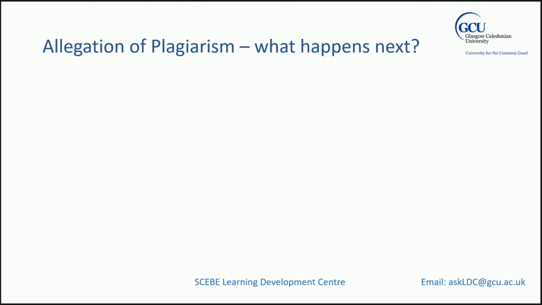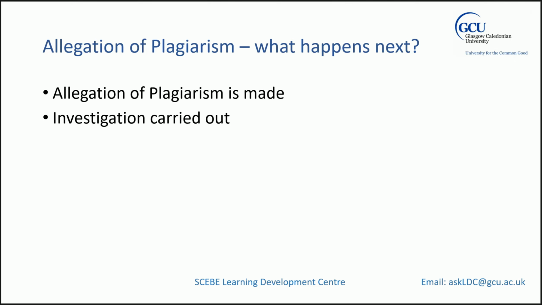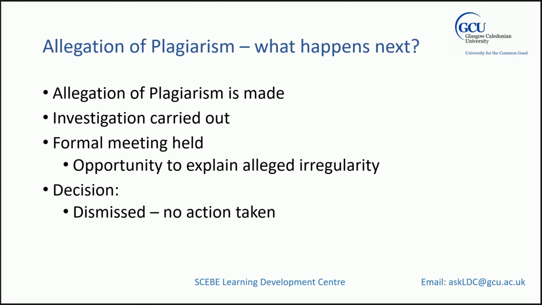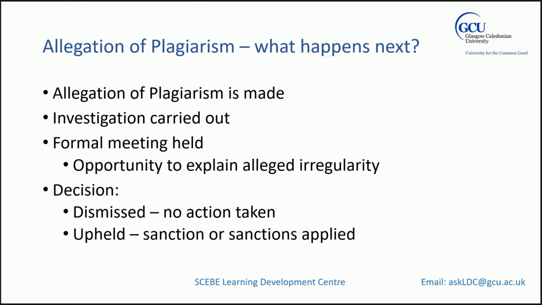So what happens if there's an allegation of plagiarism? The allegation is made, an investigation is carried out, a formal meeting is held where you're given the opportunity to explain the alleged irregularity. Then at decision time, it can be dismissed with no action taken, or upheld with a sanction or sanctions being applied.